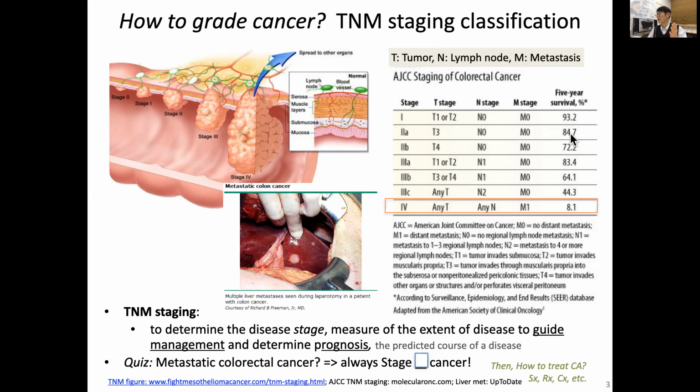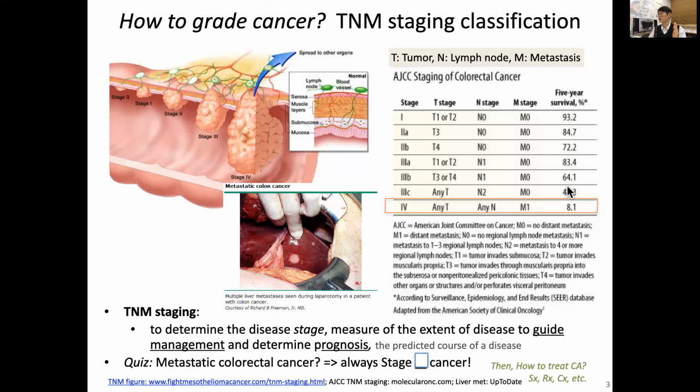So you look at 90, 80, 70, 60, down to stage 3C, where the tumor number doesn't matter, but if we find multiple involvement of lymph nodes, then the 5-year survival is below 50%.